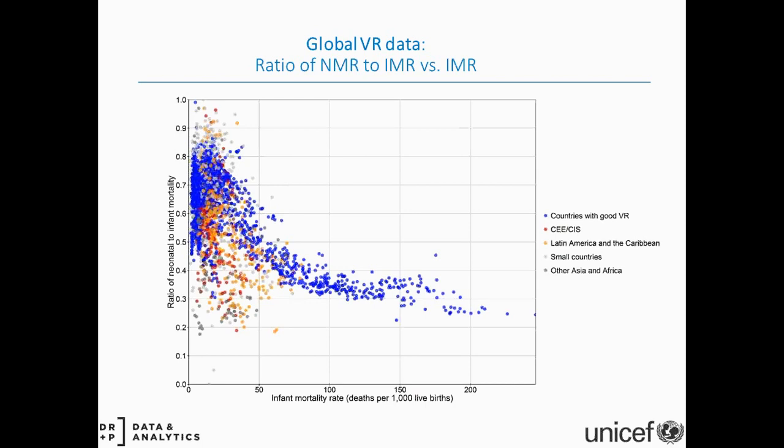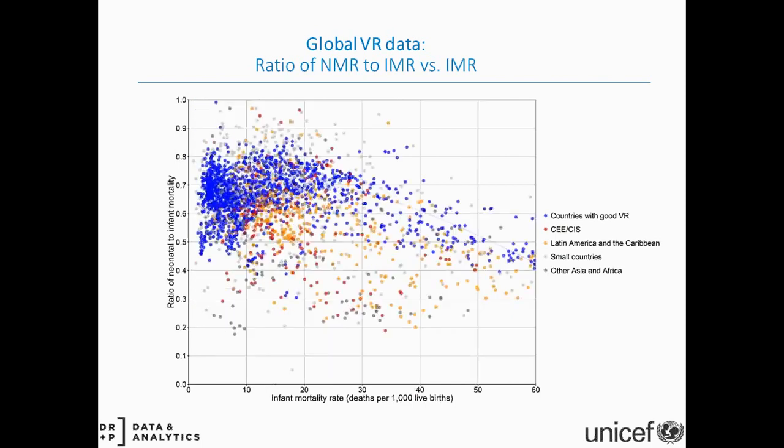And from these blue dots, you can see with mortality decline, there is an increase in the ratio of neonatal mortality to infant mortality. And this can be clearly seen when we zoom in on the chart. So this chart is the same chart, but we just show the infant mortality level from 0 to 60 deaths per 1,000 live births.